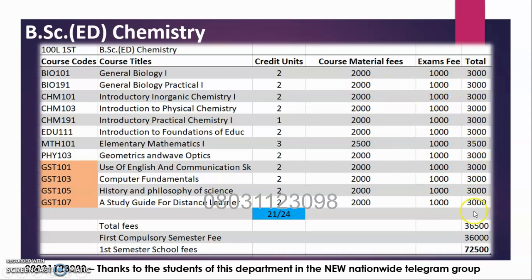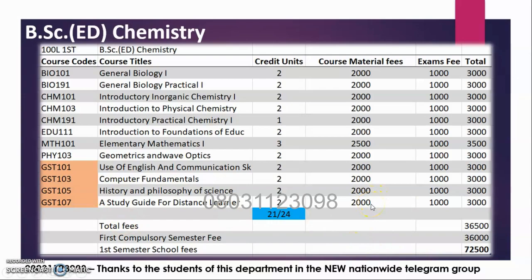It goes down that way. You have 36,500. Sum the two up, you have 72,500 as your first semester fee for 100 level. But from second semester, you'll be paying 18,000 as compulsory fee instead of 36,000.